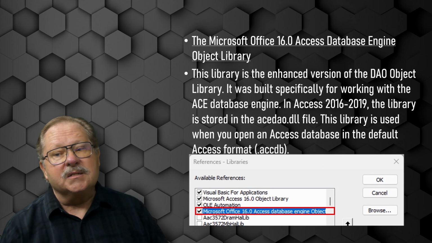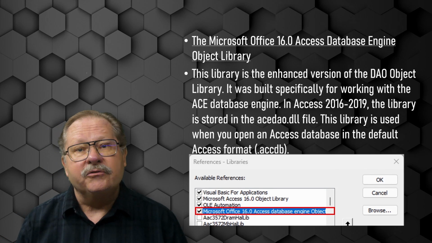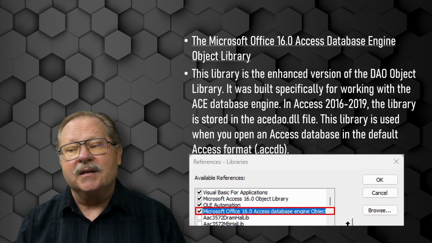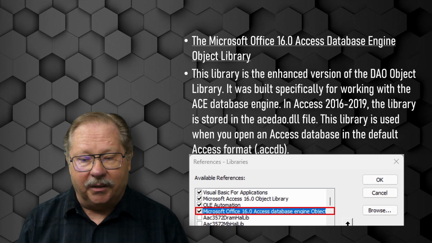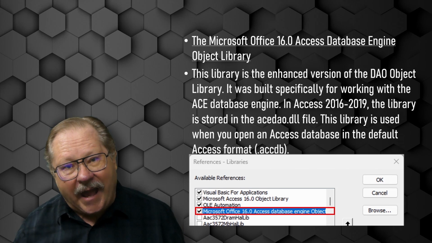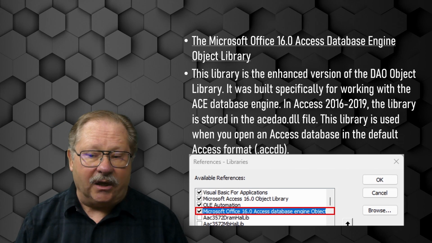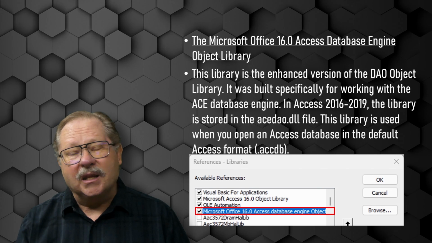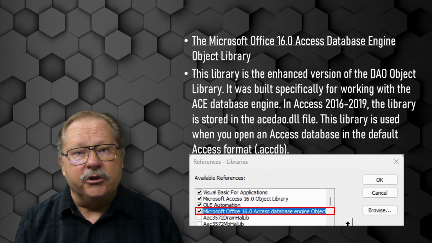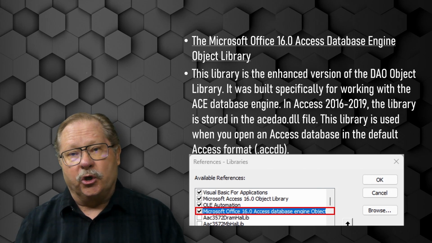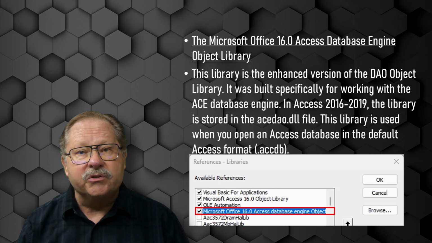The next one is the Microsoft Office 16.0 Access Database Engine object library. It's an enhanced version of the DAO object library. This allows you to work with all the data sets in your VBA code. It allows you to open recordsets, create recordsets.